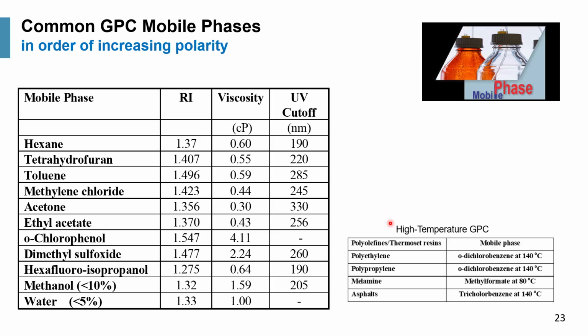Very few manufacturers make that. One of them that I know of is Waters Corporation. Shown here is the mobile phase for very high temperature GPC at 140 degrees using orthodichlorobenzene, which is a very nasty and toxic solvent.